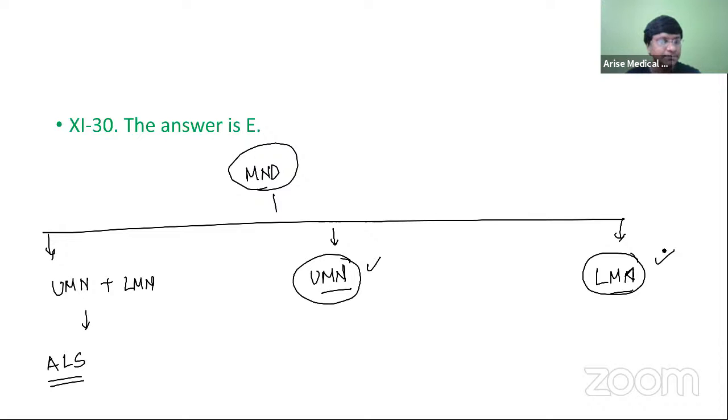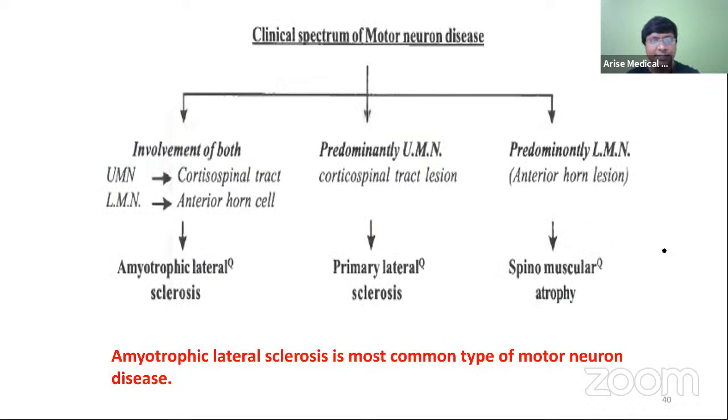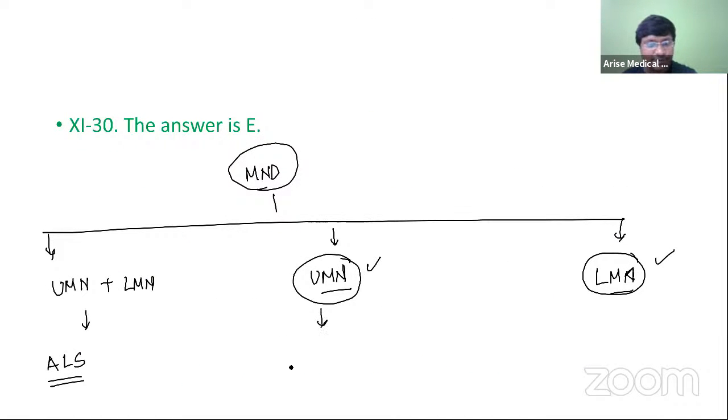Right. So, motor neuron disease where the upper motor neuron is being affected is primary lateral sclerosis. And motor neuron disease where the lower motor neurons are being affected is spinomuscular atrophy.